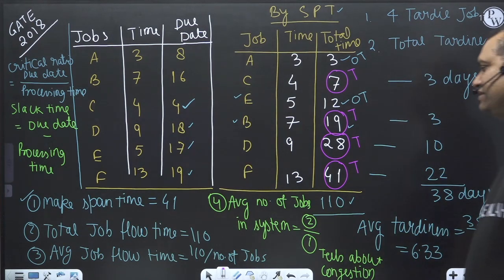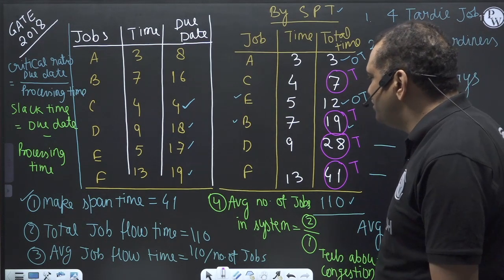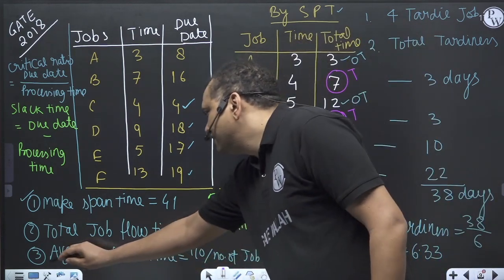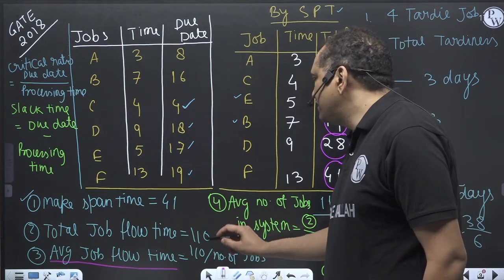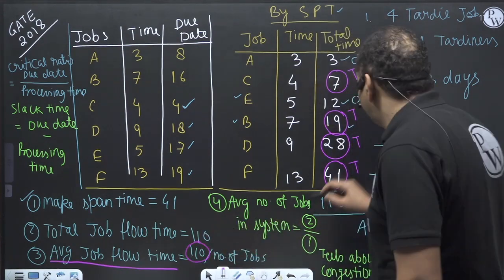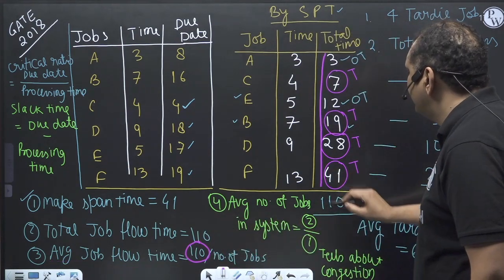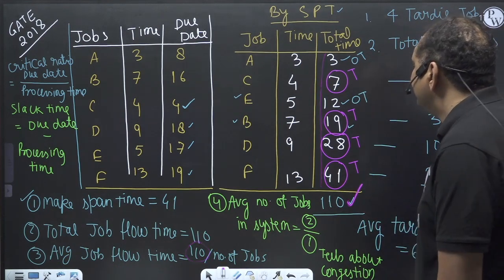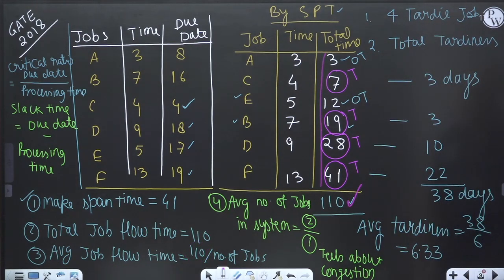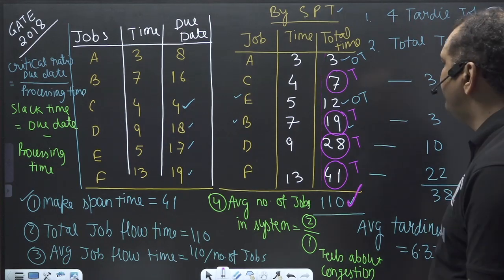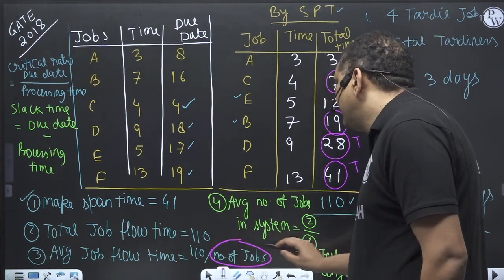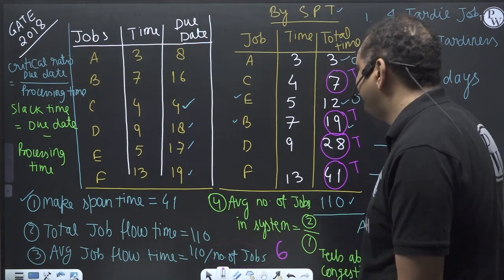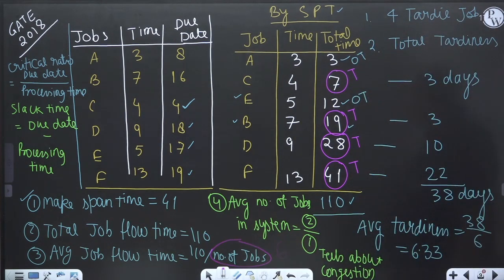Now, average job flow time is total job flow time, after summation of all these things, divided by the number of jobs. Number of jobs is 6.